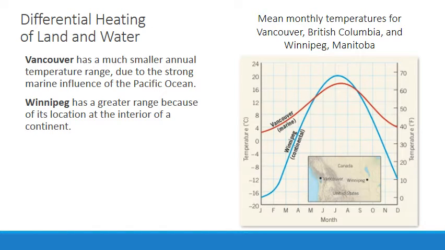Conversely, Winnipeg's July is about 5 degrees higher than Vancouver's. Even though their latitudes are nearly the same, Winnipeg doesn't have the marine influence, and so it experiences a much greater extreme than Vancouver does. So the key to Vancouver's moderate year-round climate is the Pacific Ocean, and that's the same thing for Seattle and Everett.